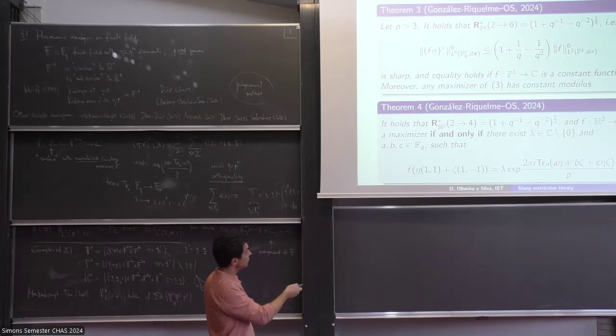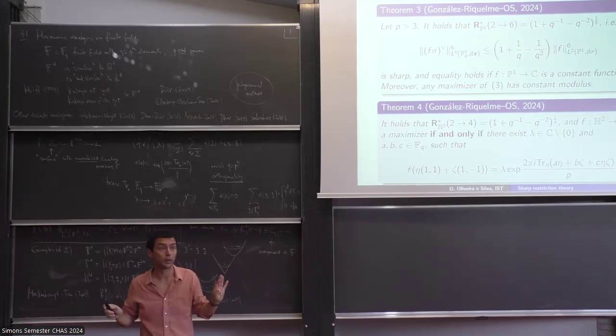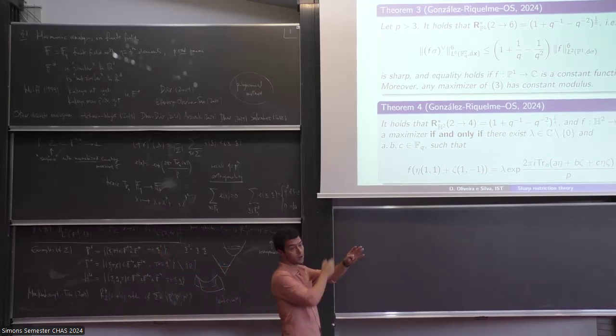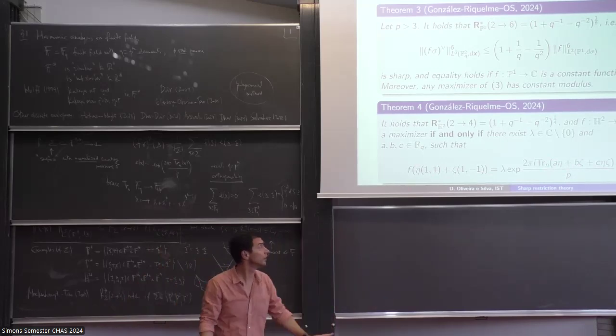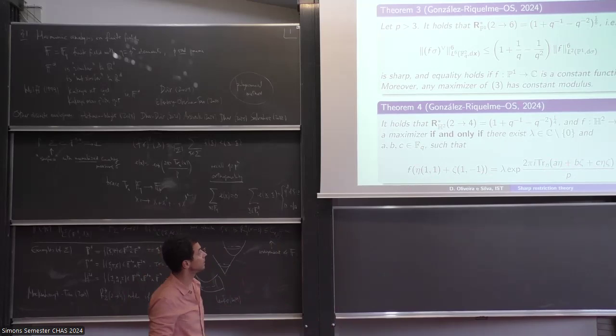So the maximizers here are also Gaussians, but you see that for the lines now, we don't need any square root of -1 to parameterize. These are just the lines (1, 1) and (1, -1). They exist in any field. And the complete set of maximizers for this extension on the saddle is given by these functions.